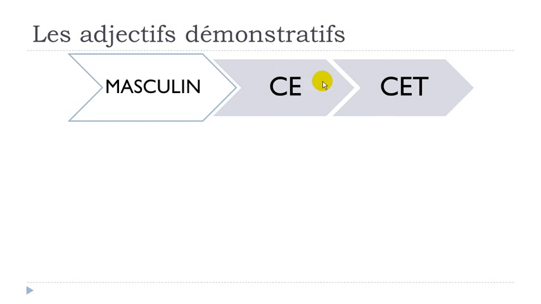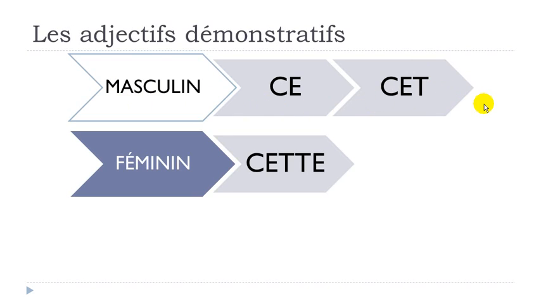So as usual in French, remember, it can be tricky if an adjective like that, or it could be an article, is ending with a vowel, because for some words starting with a vowel or with h plus a vowel, we will have to modify it. That's the reason why here we've got cet, but it's still the masculine form. Ce, cet. For the feminine, it will be cette, so only one, cette.